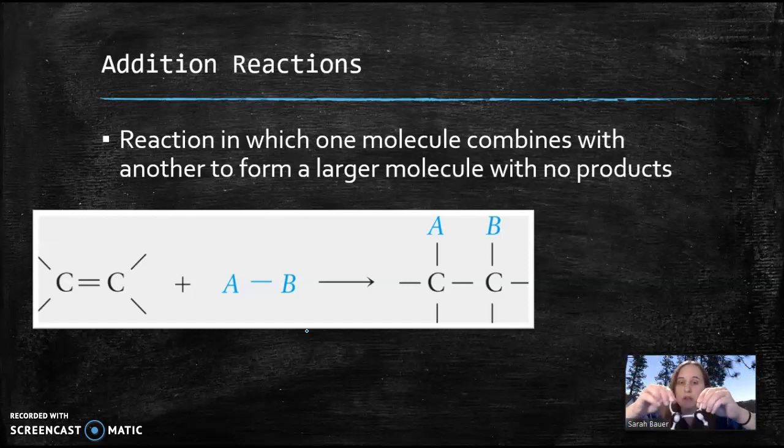So we lose the multiple bond and go back to having a single bond in its place, which is going to change the geometry of the substance, and it's going to change a number of factors, especially depending on what we add.